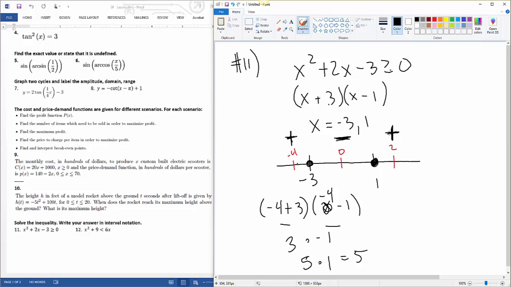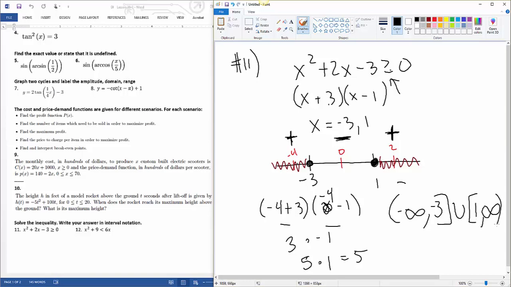And so I have the entire chart filled out. Values that are greater than 0 are positive values, so this results in my solution. My answer is going to be from negative infinity to negative 3 included, then from 1 to positive infinity. And that's my answer.